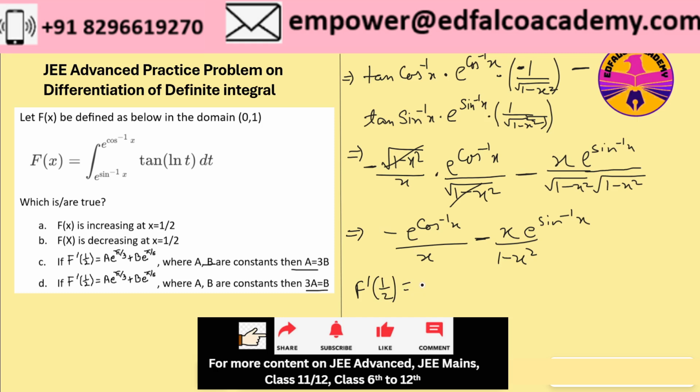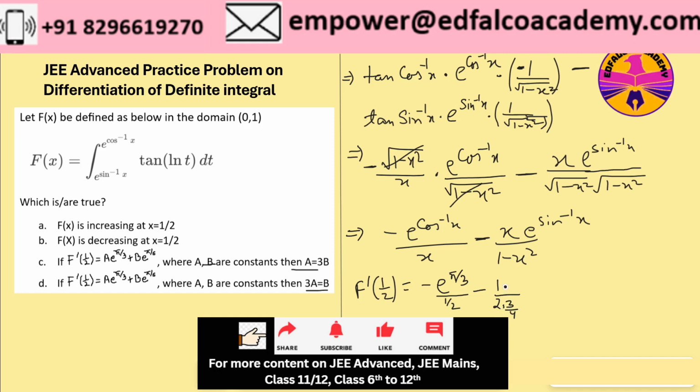So the first part will become minus e to the power cos inverse of half. We already know it is pi by 3, divided by 1 by 2 into 1 minus 1 by 2 whole square, which will give me 3 by 4.